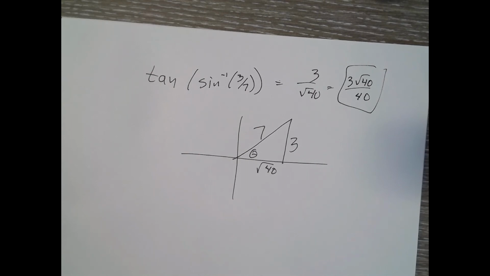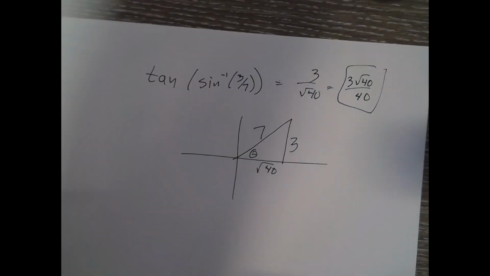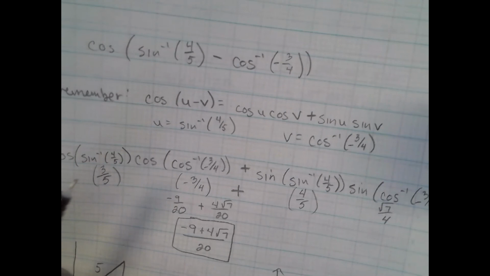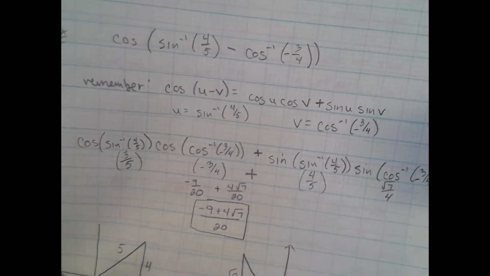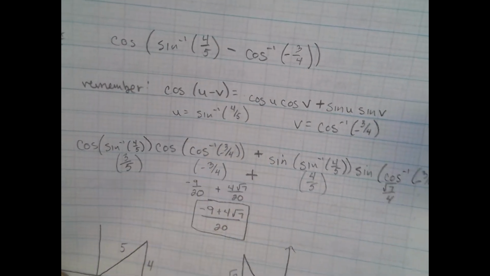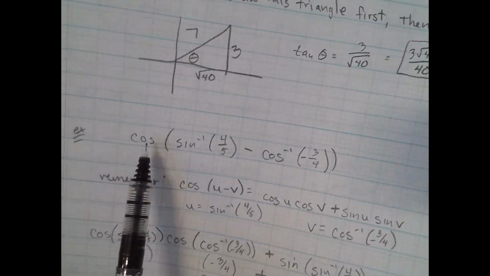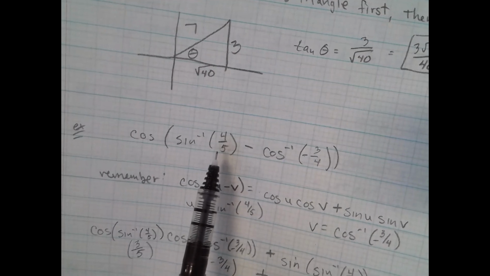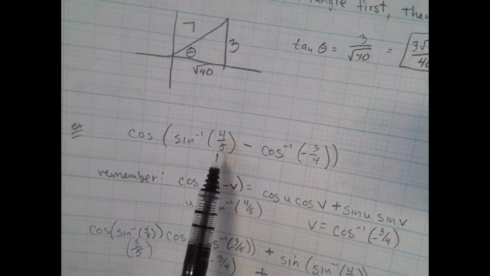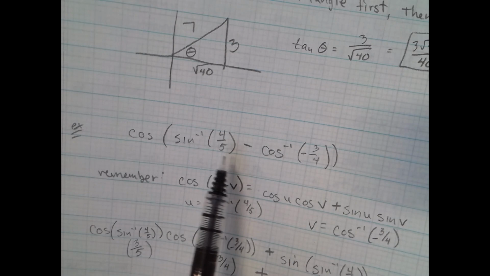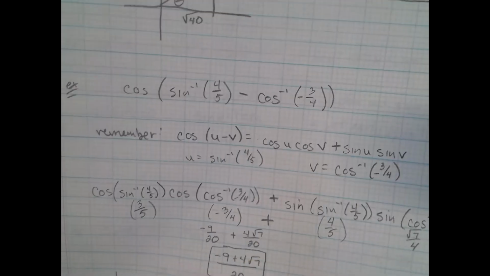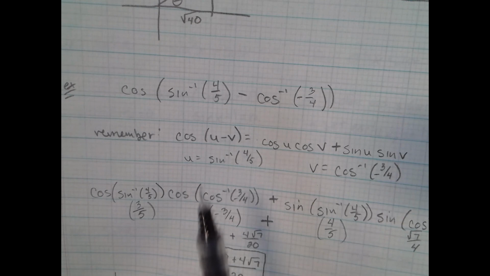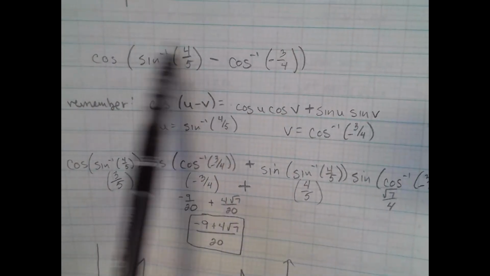Okay. And the last thing I'll show you, applying the sum and difference formula. So I have cosine. Let's say I'm trying to find the cosine of inverse sine of 4/5 minus inverse cosine of negative 3/4. Look at the formula: cosine of u minus v. In this case, our u is this right here, and our v is this.